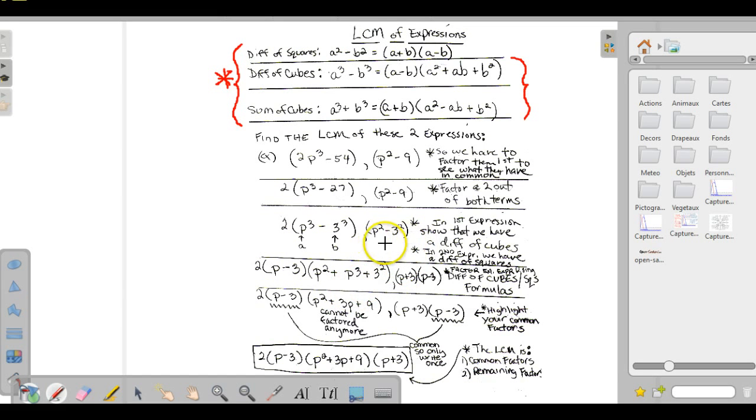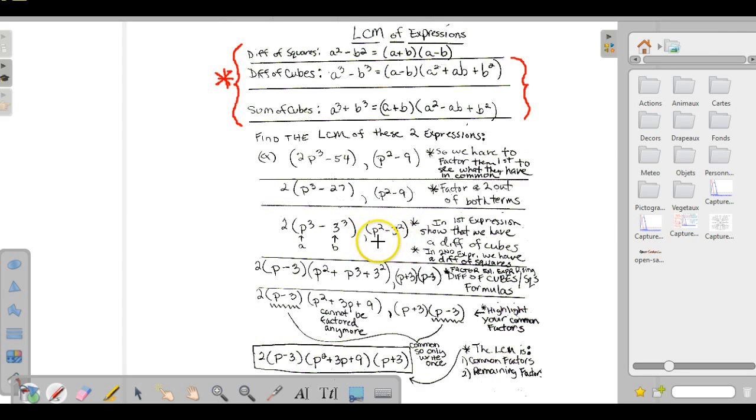Let's go back up here to the p squared minus 9. We want to show p squared minus 9 as a difference of squares, because you should recognize that 9 is 3 squared. So let's show it that way.